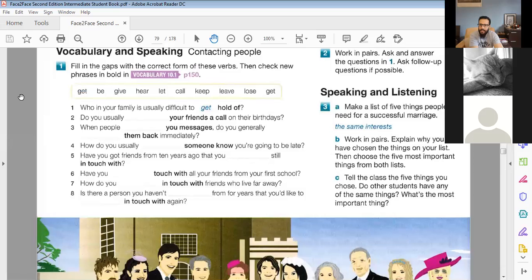But okay, let's give it a try. All we need to do is fill in the gaps with the correct form of these verbs. We might need to play around with the tense, with the verb form. If you need to change the verb form, feel free to change it and then match it to the right one.